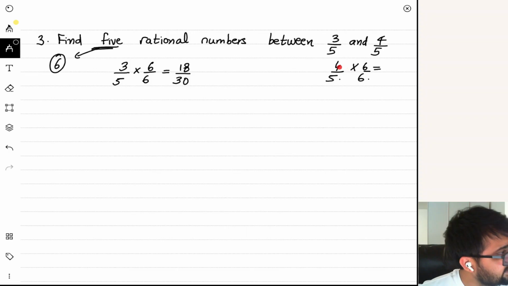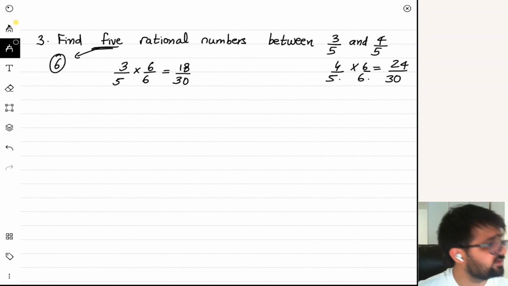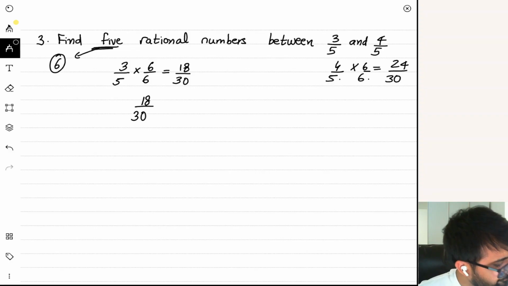And 4 over 5 becomes 6 times 4, 24, over 6 times 5, 30. So 3 over 5 is 18 over 30, and 4 over 5 is 24 over 30.